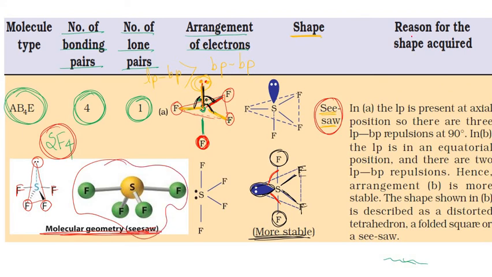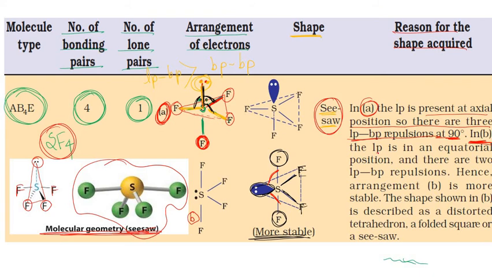Now let us try to understand the reason for the shape acquired in A, okay? So this A is here. The lone pair is present at the axial position, so there are 3 lone pair-bond pair repulsions at 90 degrees, as we have already understood just now. But in the case of diagram B, where is that B? That B is underneath here, below this diagram, okay?